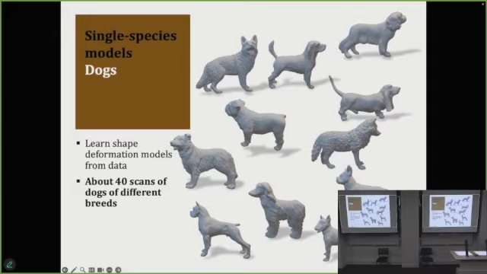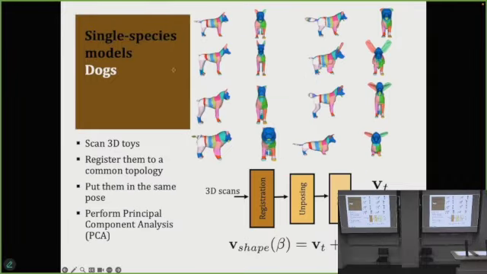And we considered about 40 scans of different breeds. So differently from the people that were standing in the scanner in a reference pose, here we had to take the scans and then put them in a neutral pose, and then do the PCA to learn this low-dimensional linear model, which was a kind of interesting registration problem itself.